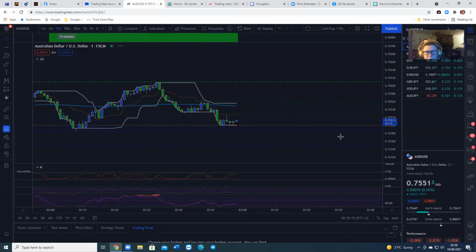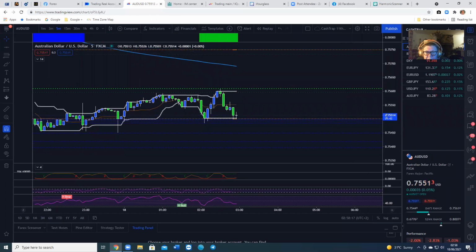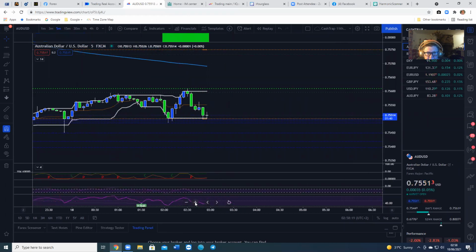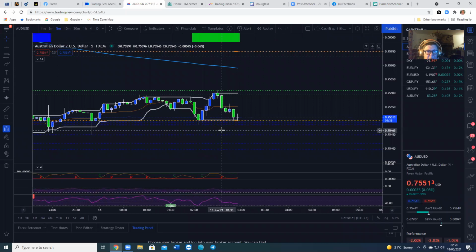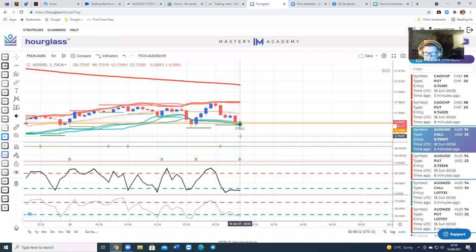I don't want to pull the trigger early because of the hour. Patience pays. Sometimes you miss the trade. It's not an exact science, it can move a little bit earlier. It's a little bit of a doji candle. Well, not a little bit, it is a doji candle. Patience pays, 1 minute 26.